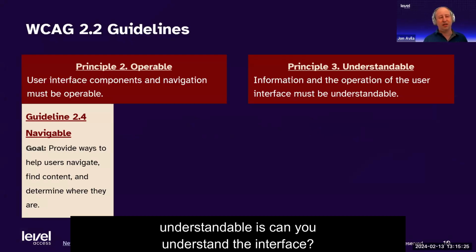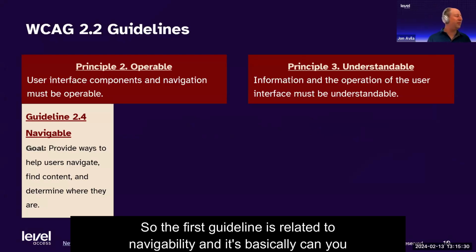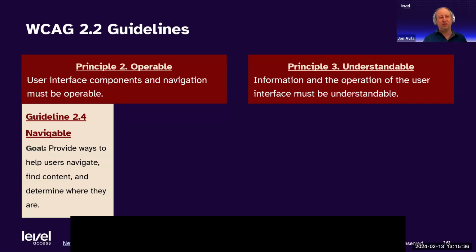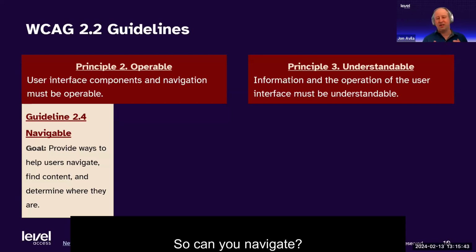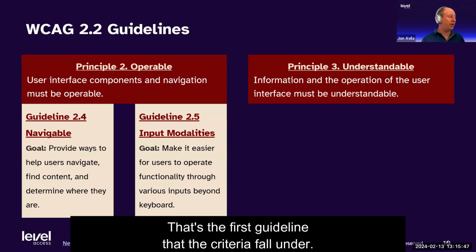And understandable is, can you understand the interface? Can you understand the information? The first guideline is related to navigability, and it's basically, can you find and navigate in a way that's possible by users who use different types of technology? That's the first guideline that the criteria fall under.